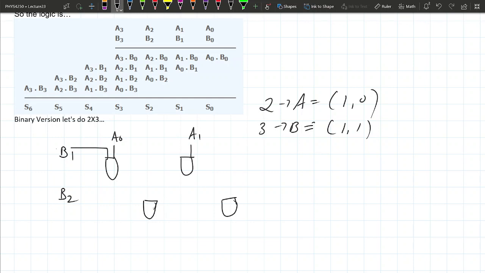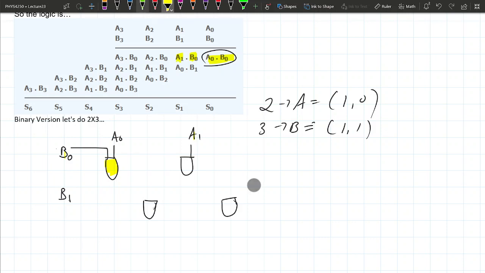So, in order to get to, oops, not 1 and 2, 0 and 1, you need to start counting from 0. This AND gate here corresponds to this AND gate. But B0 also multiplies by A1, so I have to do an AND gate between B0 and A1 also.